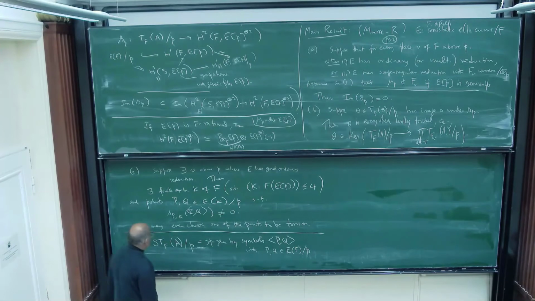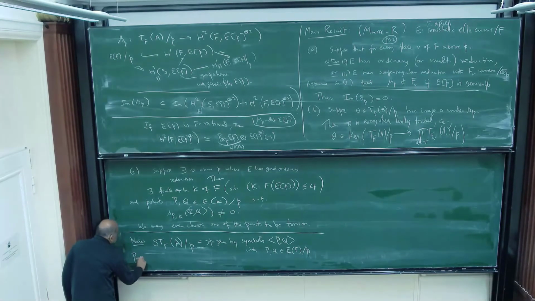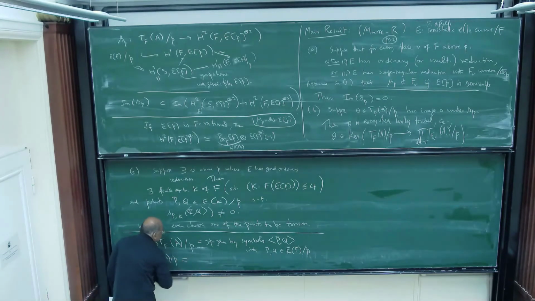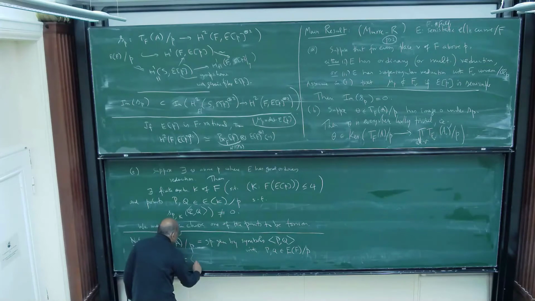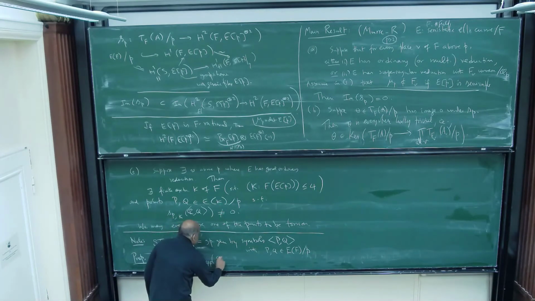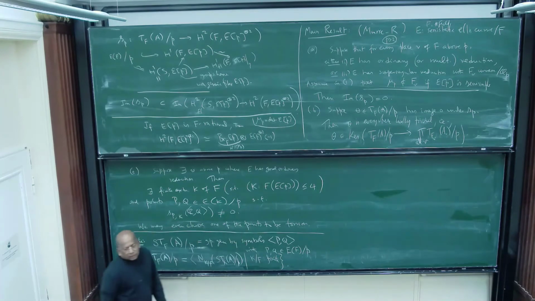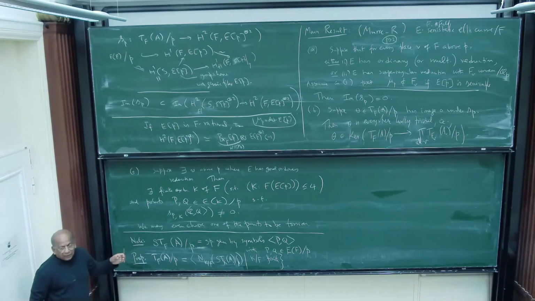But the simple proposition says that actually TF of A is really generated by the norms from K to F of ST, K of A mod p, for all finite extensions K over F. So this is different from K2 in that sense, right?